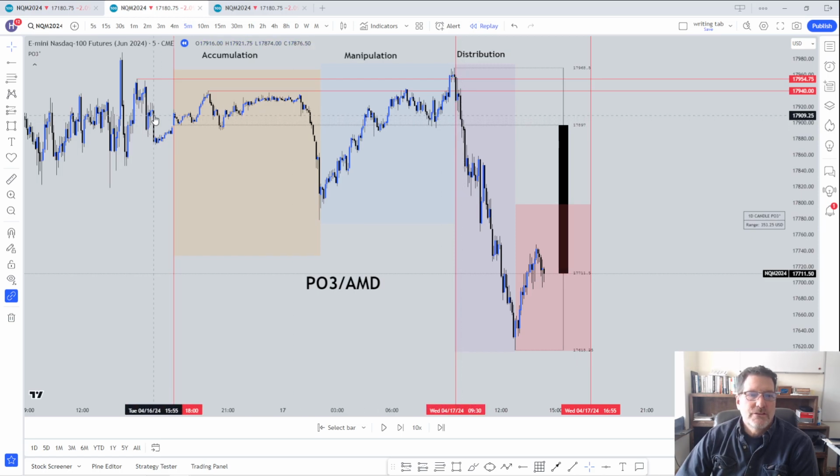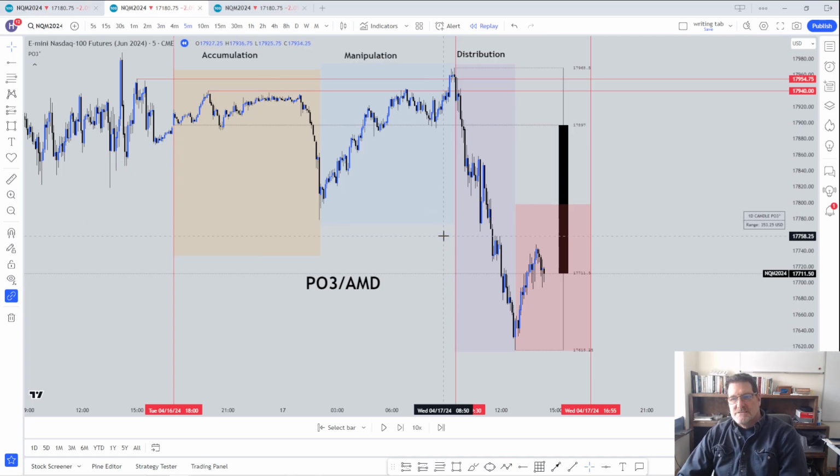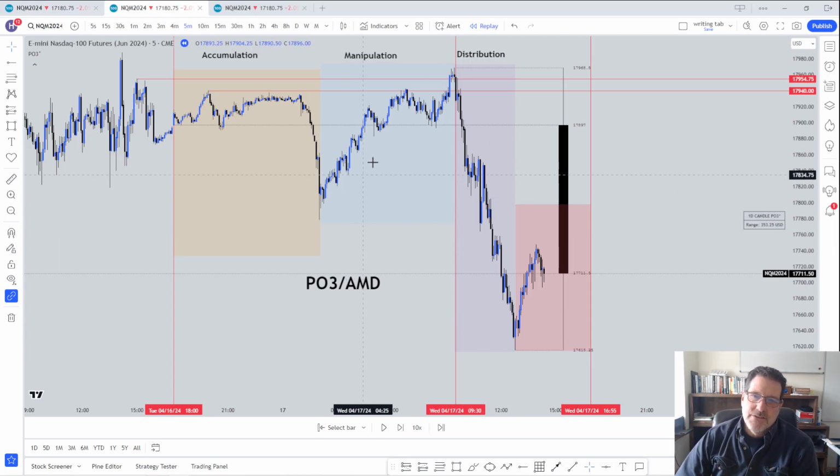But when do you want to get in this trade? You want to get in this trade somewhere above this open. So let's say you come to the market, and I'm making some assumptions here that we're talking about the New York session. You may want to trade the London session. If you do, then you're going to need to learn how to trade that manipulation, because again, it's the same thing.